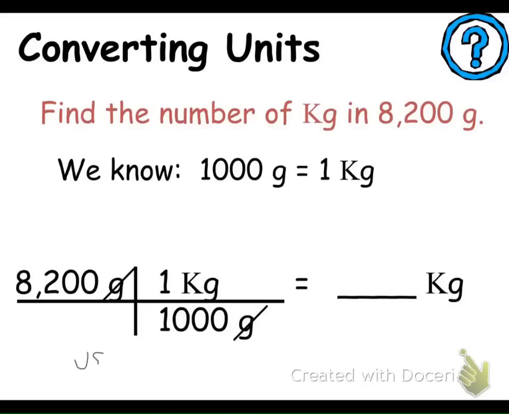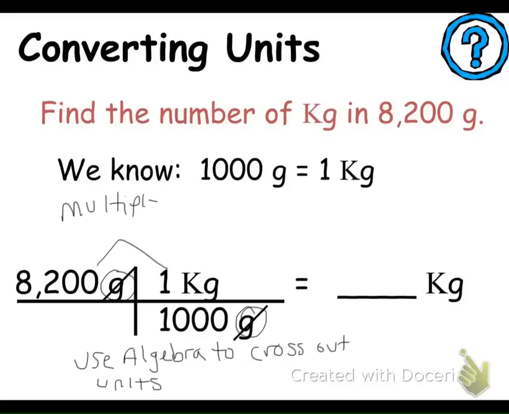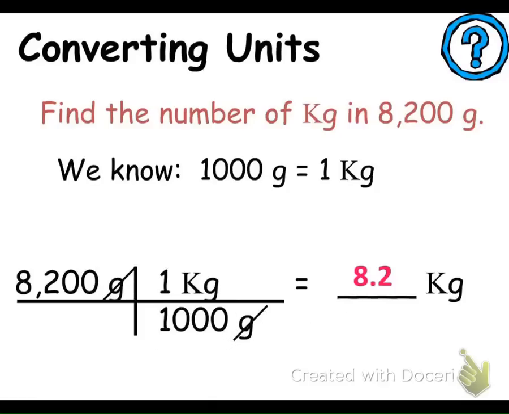So in this case, you would use algebra and cross those grams out. You're left in kilograms. And then you're going to multiply 8,200 by 1. Obviously you don't need to do that in your calculator, but I'm just trying to teach you good practice and good steps. And then you would divide by 1,000, and you would get 8.2 kilograms.